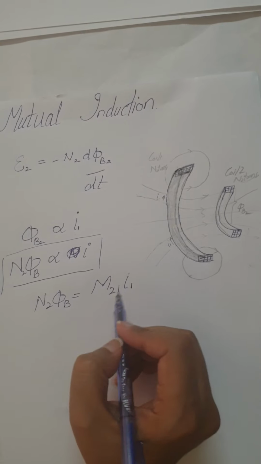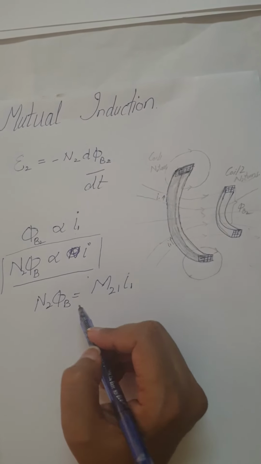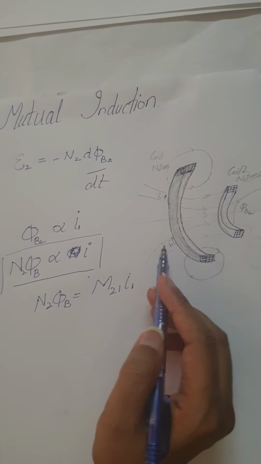We introduce this proportionality constant, and it is called the mutual inductance of the two coils.